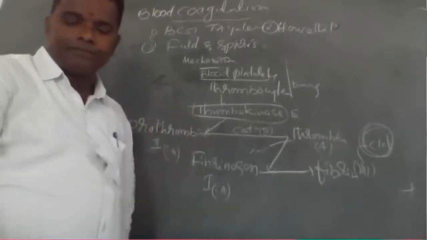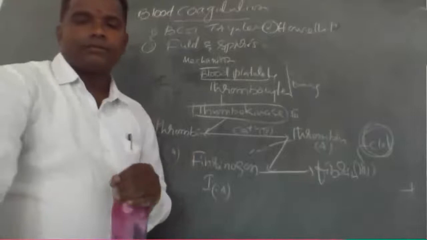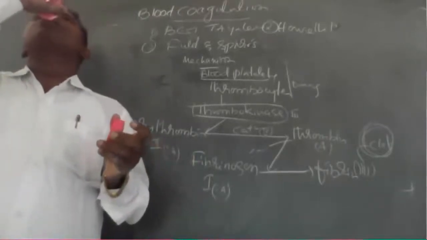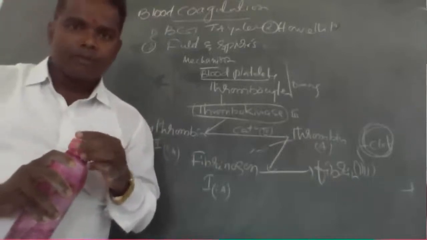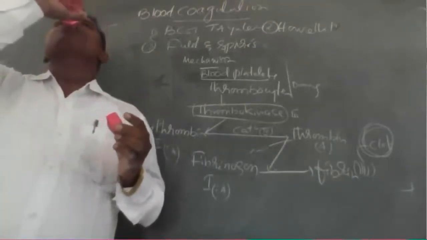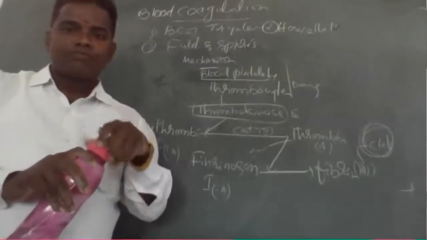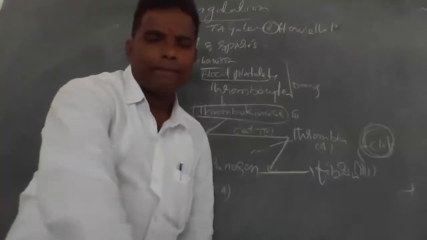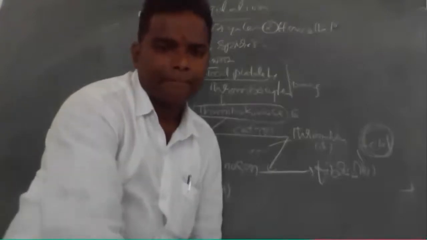Bushra, tell me. According to Fold, factors are involved in the clotting. Second is prothrombin and thrombokinase. Fourth one is calcium. The four factors are completed.